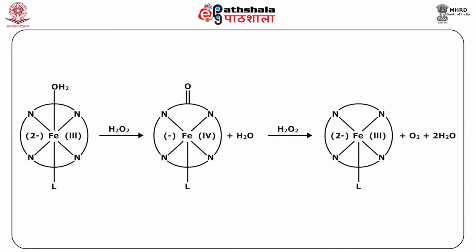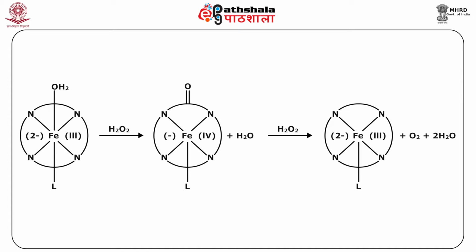In catalase, one molecule of H2O2 takes part in the formation of compound 1. The O2 2 minus of the second H2O2 molecule loses 2 electrons in steps to form compound 1, forming oxygen and 2H plus combined with O2 minus of the compound to form water molecule as shown in figure.